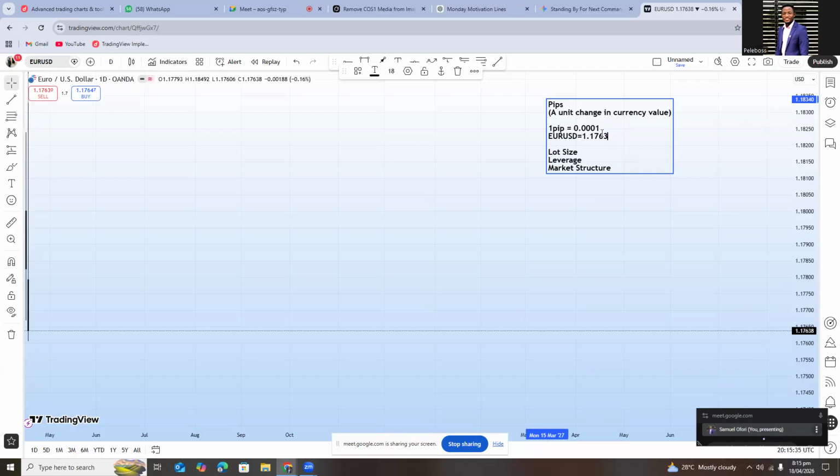All right. So what this pip means is that should this price increase from where it is now to 1.1764, then we say that Euro USD has appreciated by 1 pip because this has gone up.